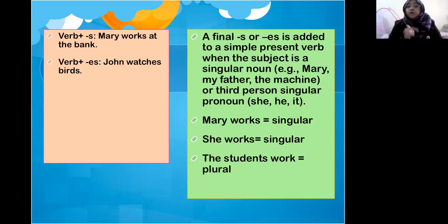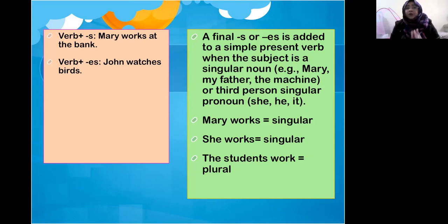The subject is not only the doer of the action, but also what we say something about, right? Like if I say the cat is cute, the cat is nice, the cat is quick, the cat is white, here the cat is not doing an action. We are telling something about the cat. The cat is white, the cat is brown.